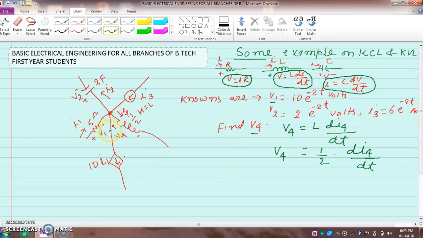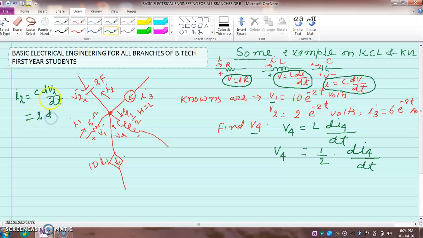So how will you find the value of I4? Let us see here I2. I2 is the current in the capacitor, so I2 equals C dV2 by dt. This is the relation for current in the capacitor, and capacitance is 2.